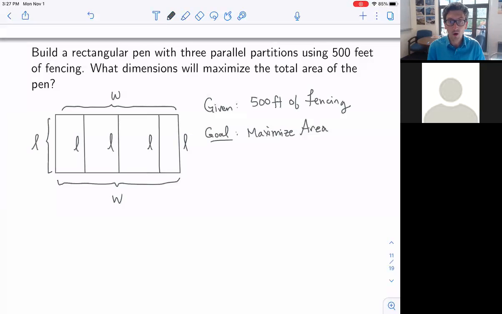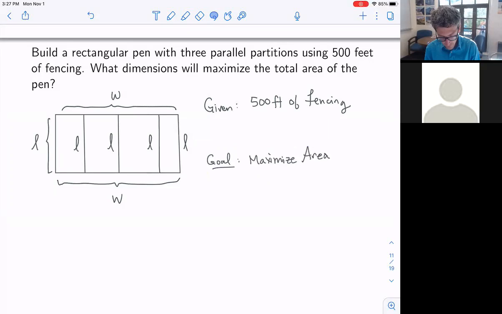How much total fence do I have? Well, I have 500 feet. So apparently what that must mean is that 5 L's plus 2 W's must equal 500. I've got 1, 2, 3, 4, 5 of these vertical things, and then 2 of the horizontal widths. And so whatever L and W are, they've got to add up according to this equation.